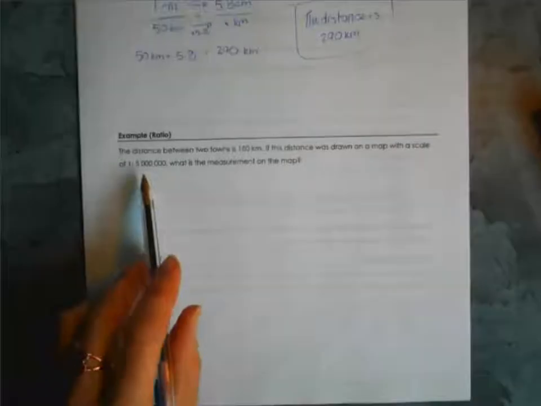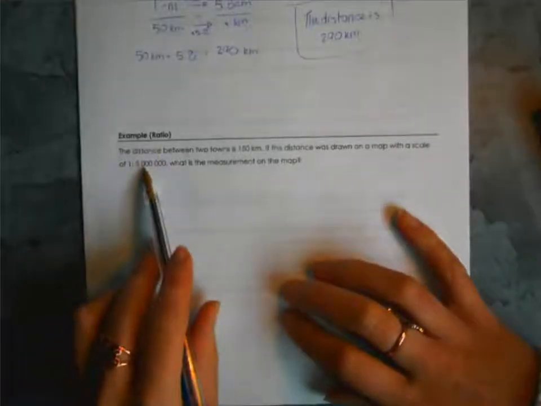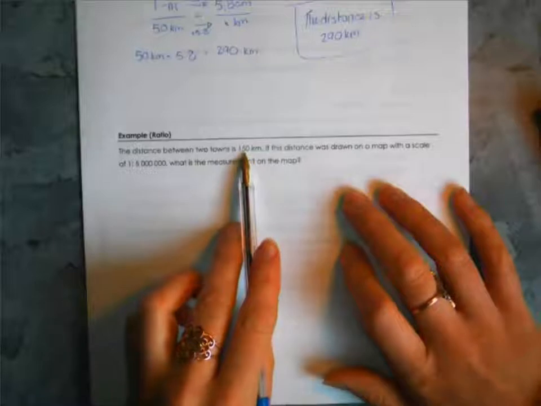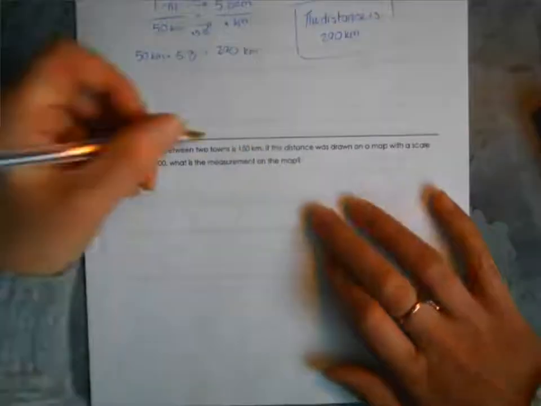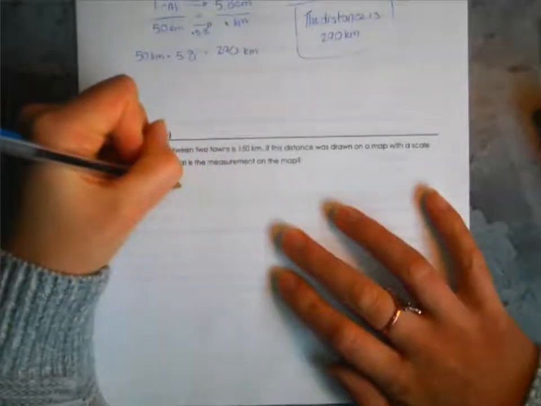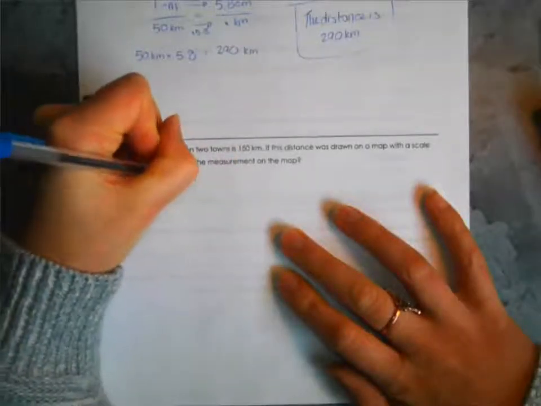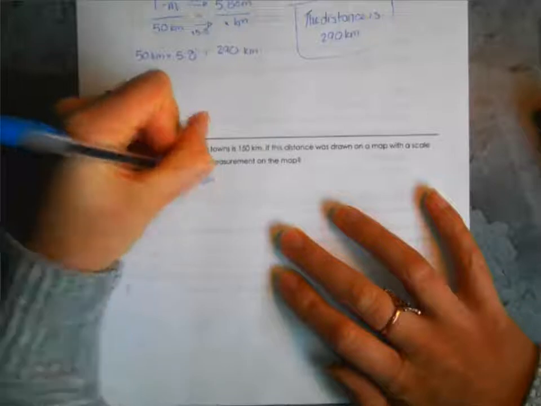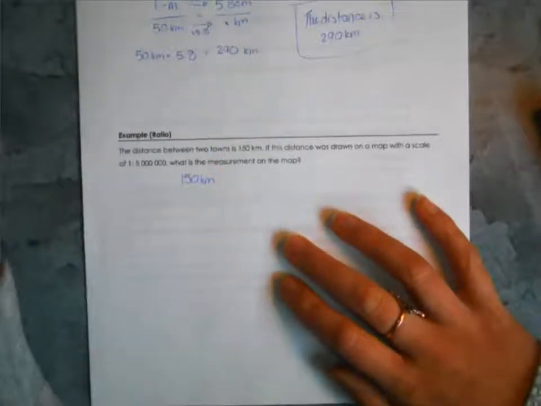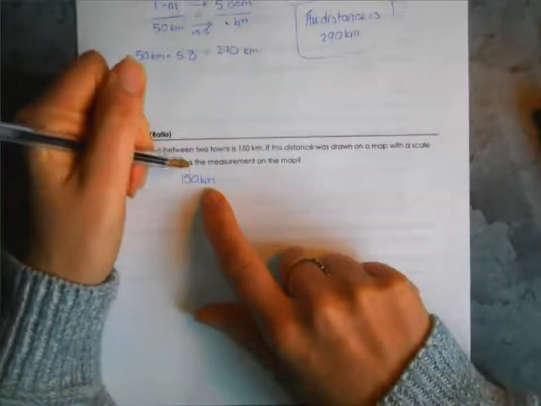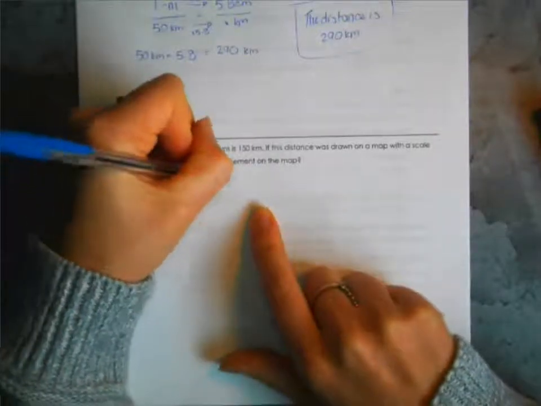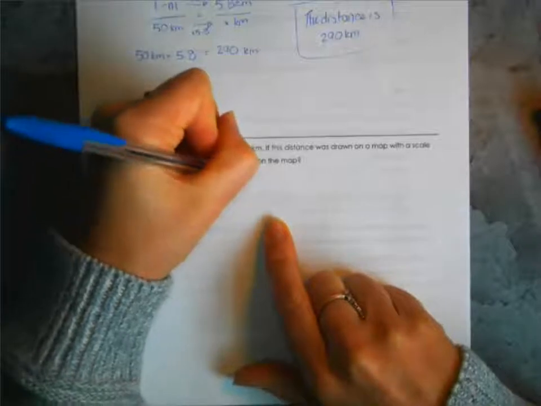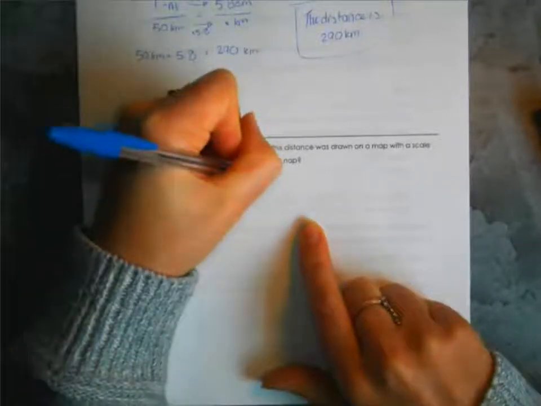So you kind of have two options. You can either try and afterwards convert this into kilometers. I personally prefer to just work right away with converting kilometers into centimeters. I just find it's a little bit easier. So basically what I would do is I would do 150 kilometers. And if you remember back to the very first lesson, if you're going from kilometers to the base unit of meters, it's going to be times 10 three times. 1, 2, 3.